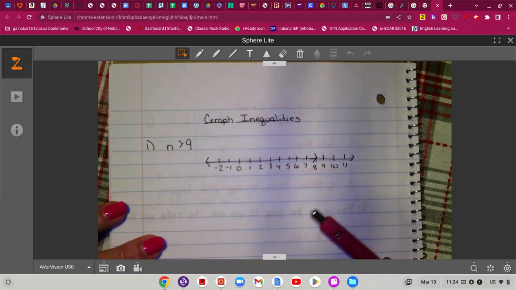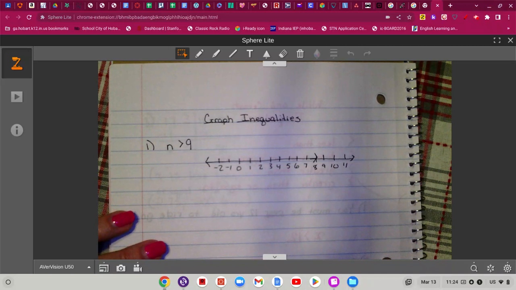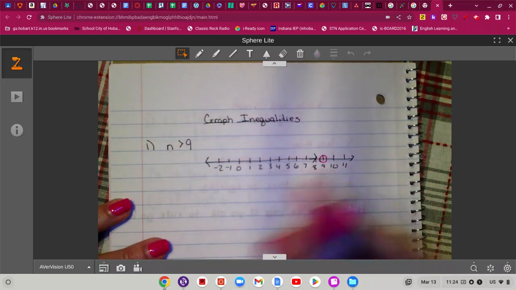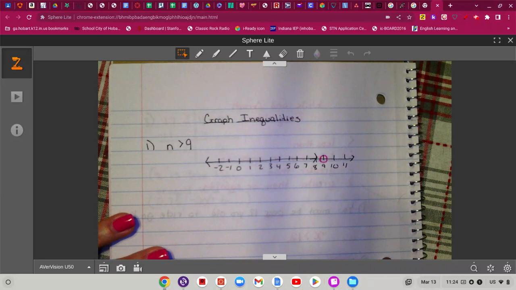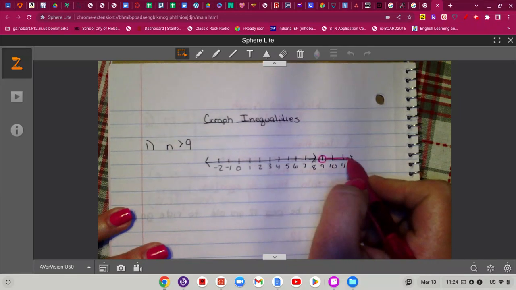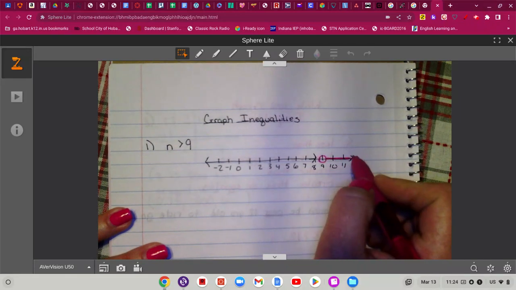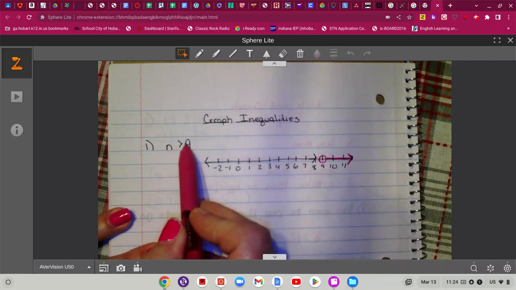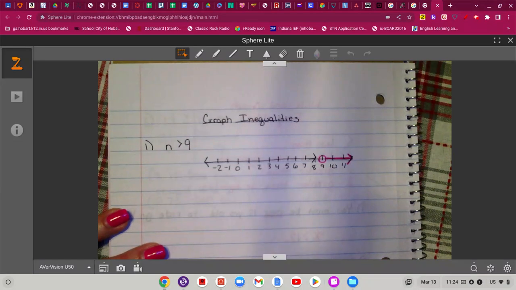So since n has to be greater than 9, we are going to put just an open circle at 9. We're not going to fill it in because n isn't 9. It has to be greater than 9. So then greater than, we would be shading to the right because those are all the numbers that are greater than 9. But it's an open circle because it has to be greater than 9. It's not equal to 9.